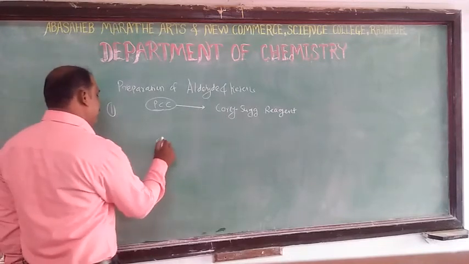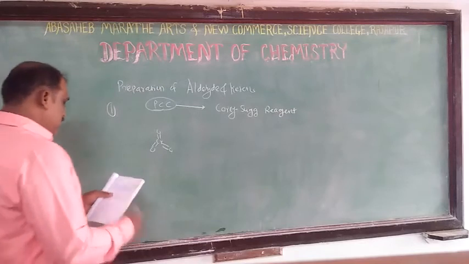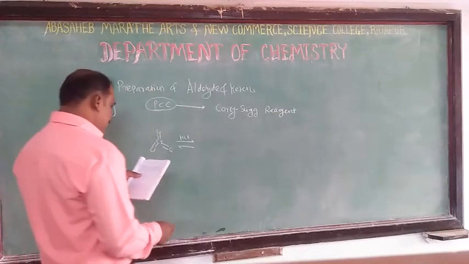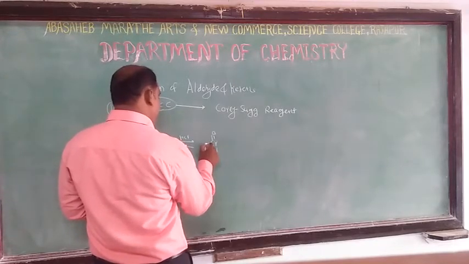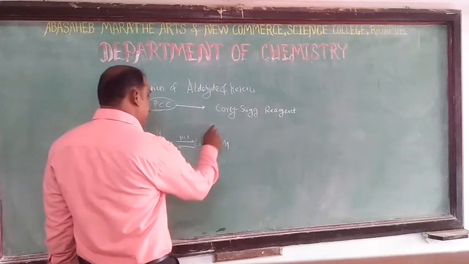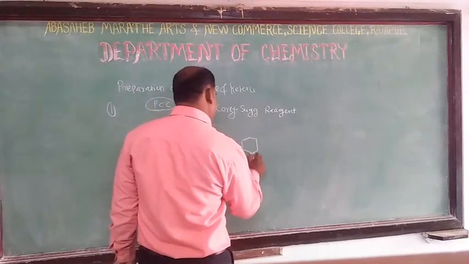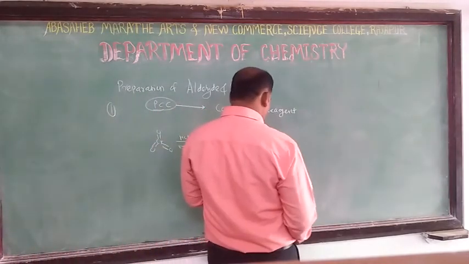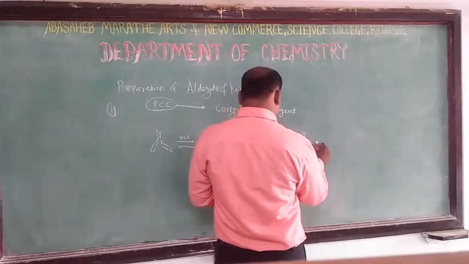Chromium trioxide is treated with concentrated HCl to get chlorochromic acid, and this chlorochromic acid is treated with pyridine to get the complex pyridinium chlorochromate.